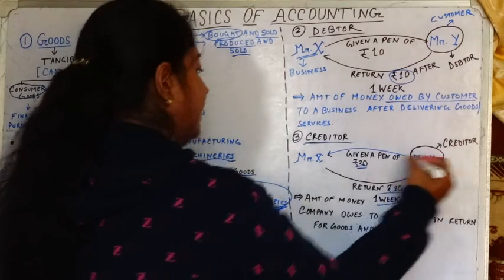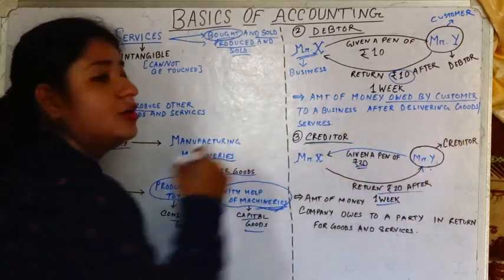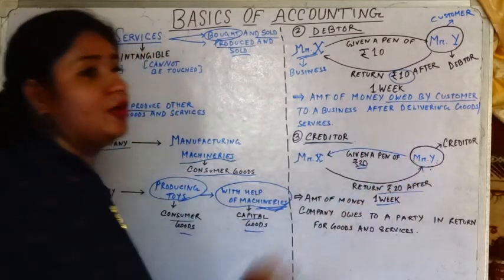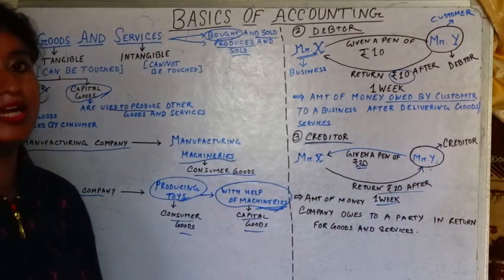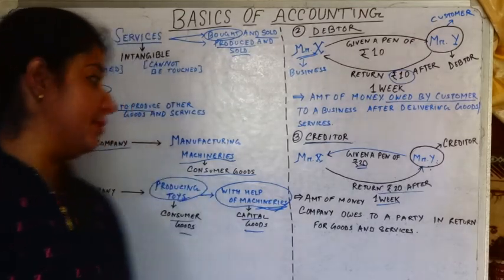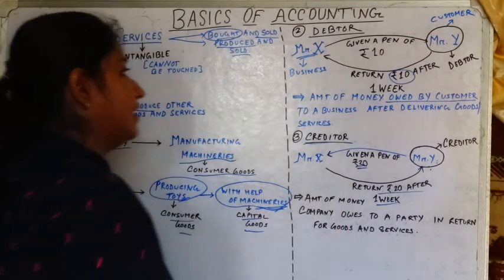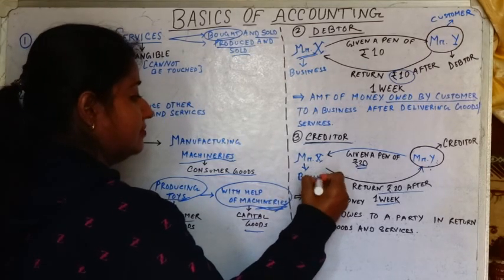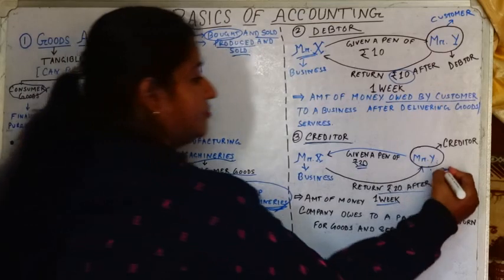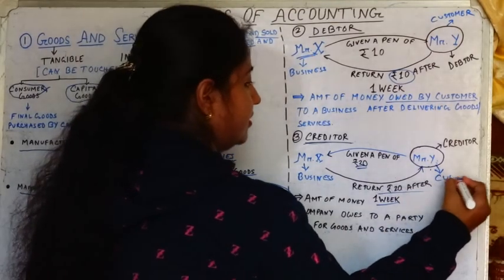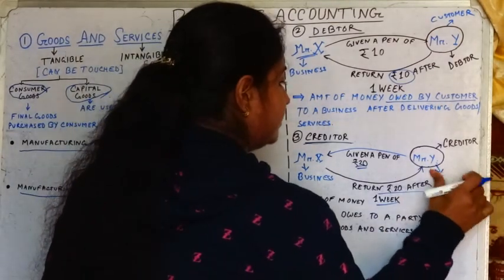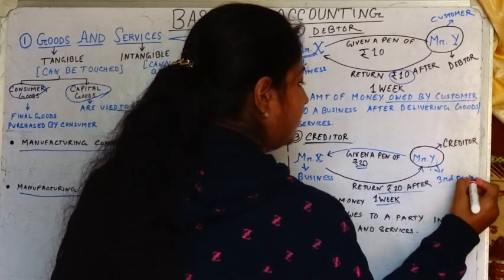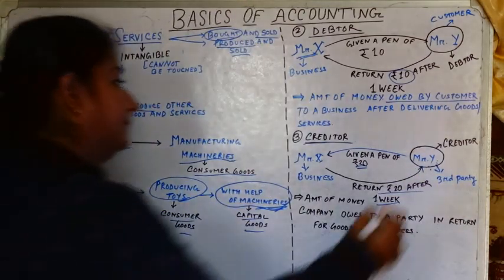Mr. Y becomes the creditor of Mr. X. I have just changed the arrow to a different color so that it becomes very easy to remember. Now from the business perspective, take it again as the business, and take Mr. Y not as a customer but as a third party, because he is now my creditor.